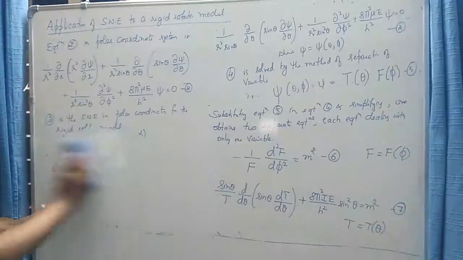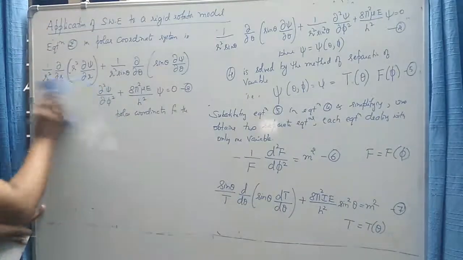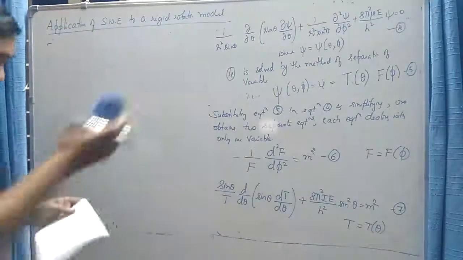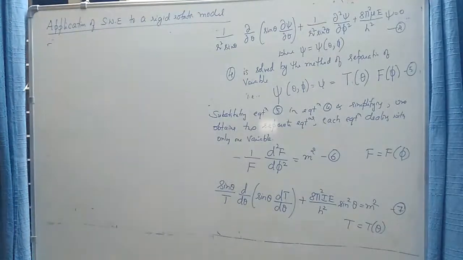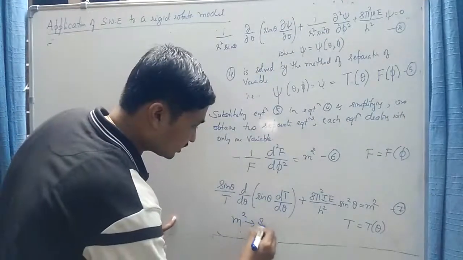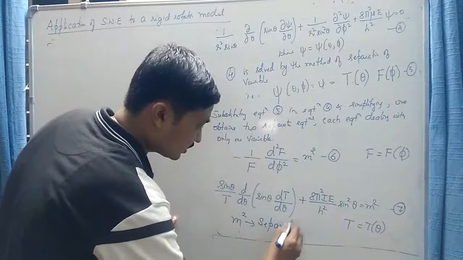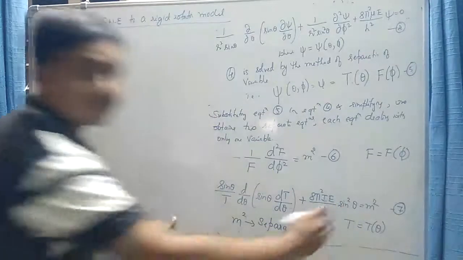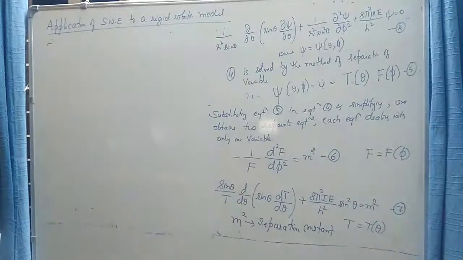What is its value? We do not know yet the value of m square, but we know that it is a constant called the separation constant.